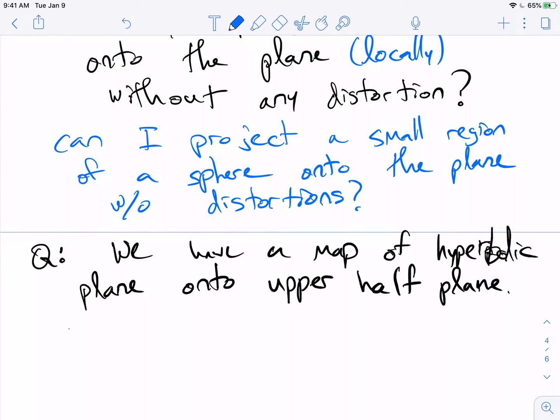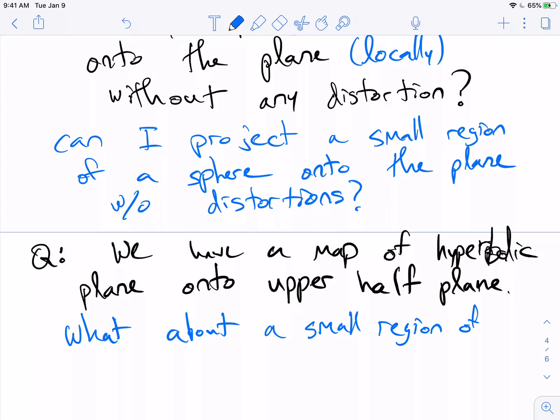So I guess I'll just phrase it this way. What about if I just take a piece of the upper half plane, not the whole thing? Can I map that onto the plane? Or sorry, a piece of the hyperbolic plane. So what about a small region of the hyperbolic plane?